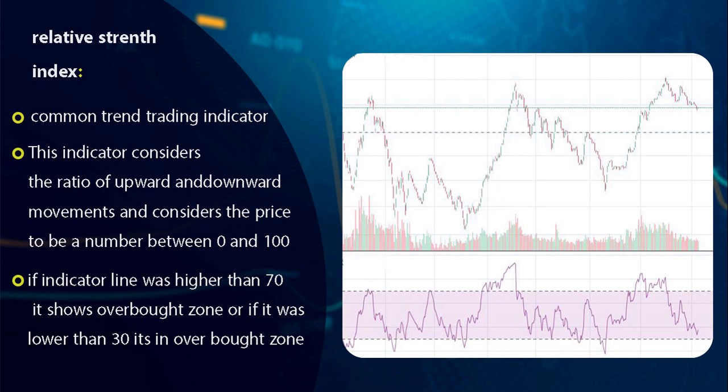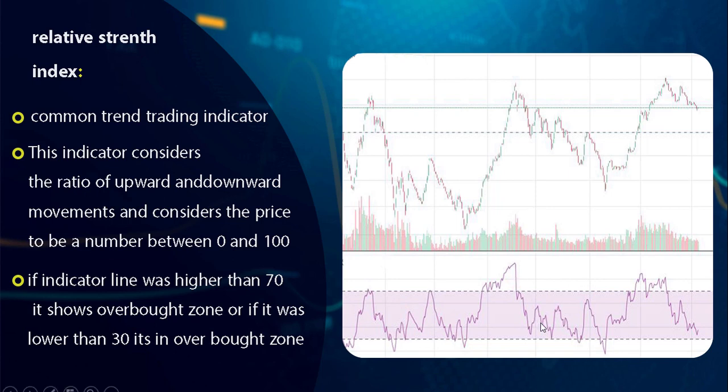When this line is at the 70 line, and the RSI line comes to this zone, we say that we are in the overbought zone.